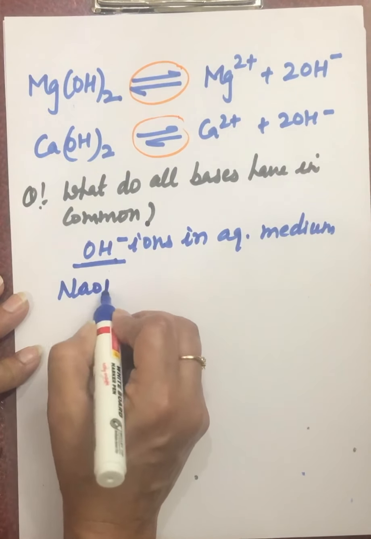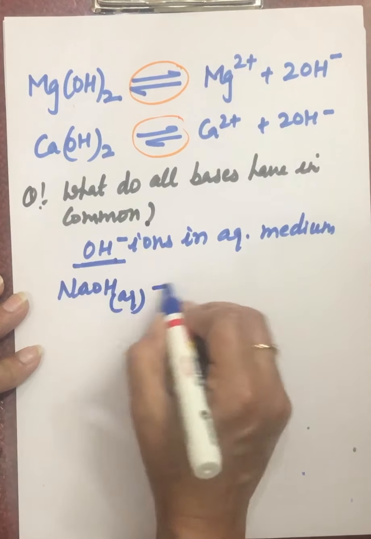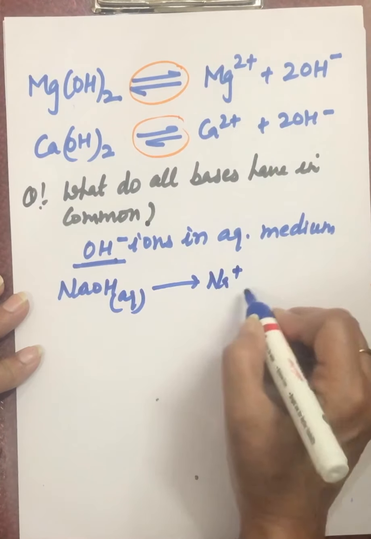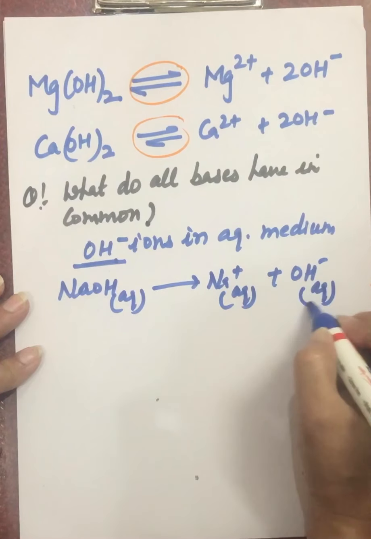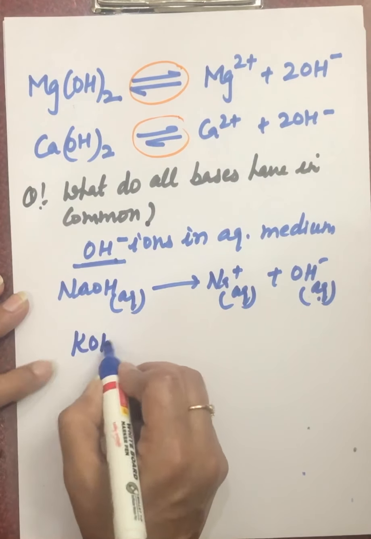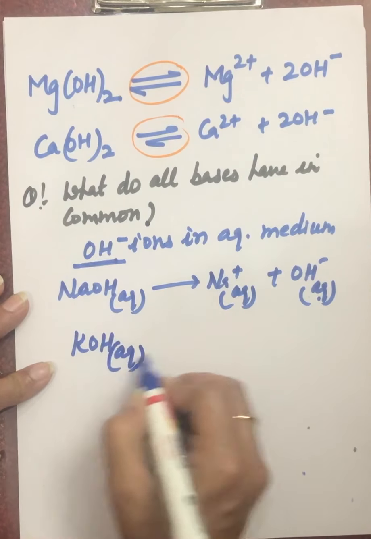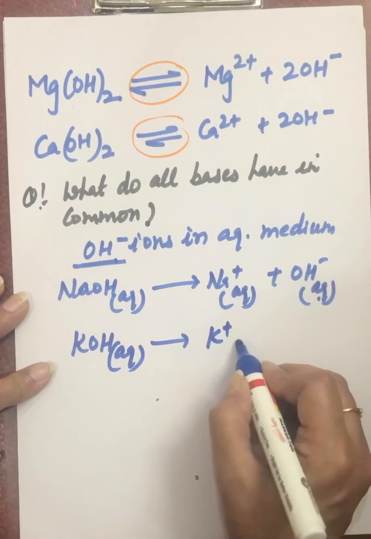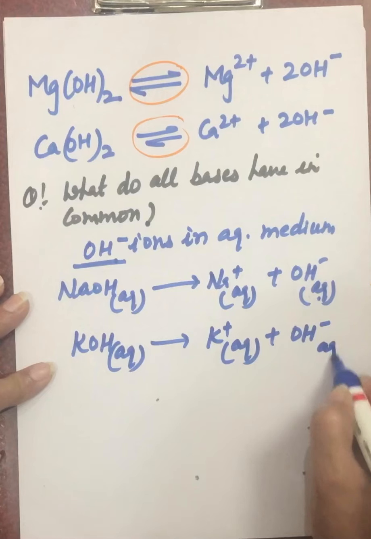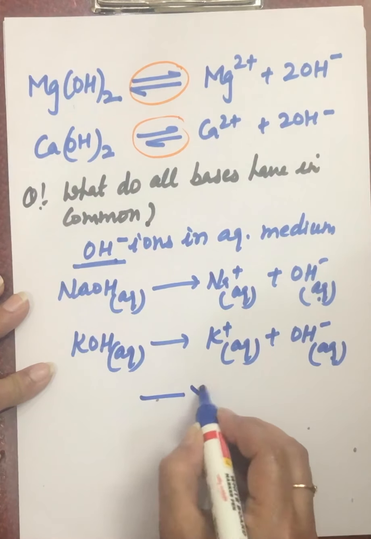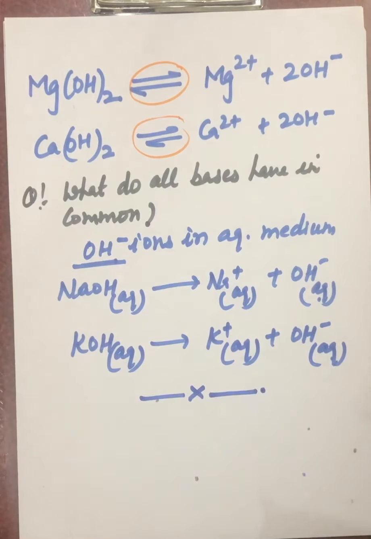Like NaOH in aqueous medium dissociates to give hydroxyl ions. Similarly, if I take potassium hydroxide, KOH, it dissociates to give K plus and hydroxyl ions. So this is about the bases, that what are bases, the classification of bases, and what do all bases have in common.